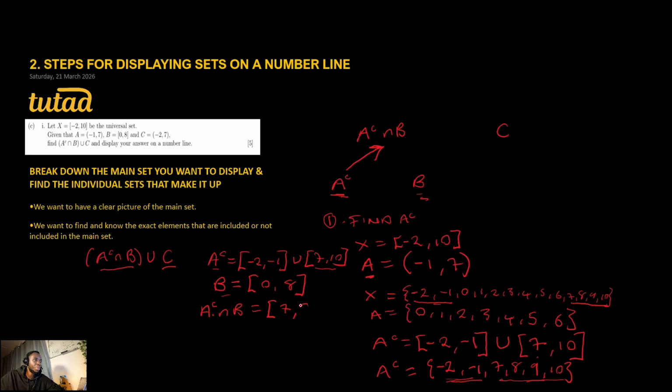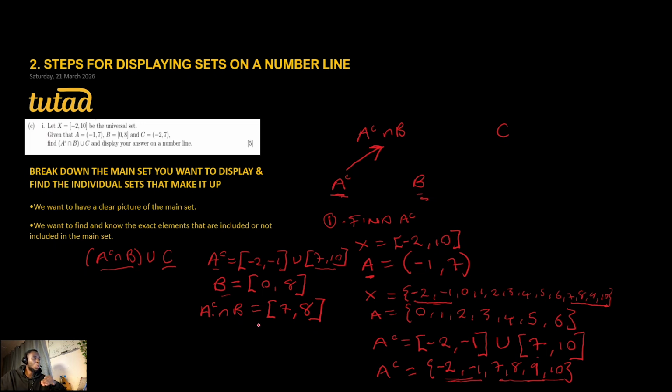So 8 is going to be our upper boundary and last element in the set A complement intersection B, and we're going to close it with a square bracket because it is included in the set B. Therefore, it is also going to be included in the set A complement intersection B. And just like that, ladies and gentlemen, we have found the set A complement intersection B, which is 7, 8.